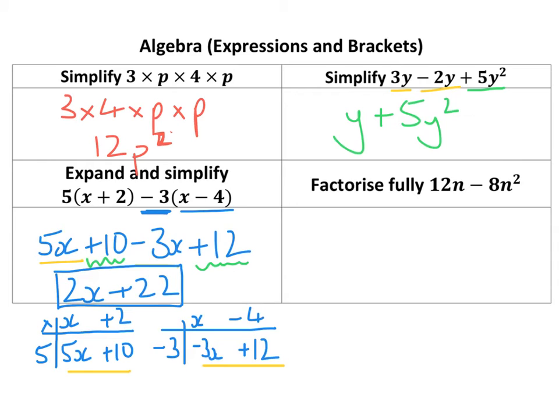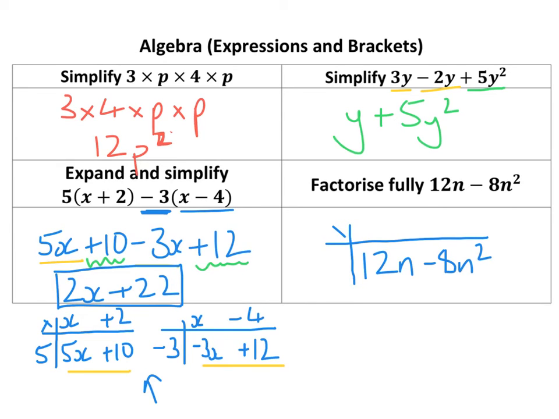Now to factorise fully, part of the reason I showed the table down here was because I'm going to actually use the tables to factorise this, because factorising is just doing the opposite of expanding brackets.